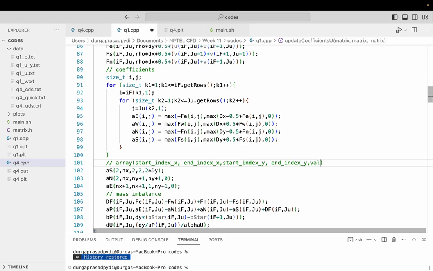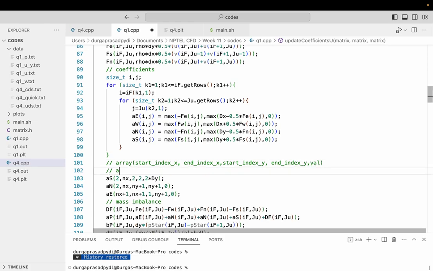If you are familiar with MATLAB, this is something like this. Both these statements are equivalent. This is how you write in MATLAB. This is the notation I am currently following.